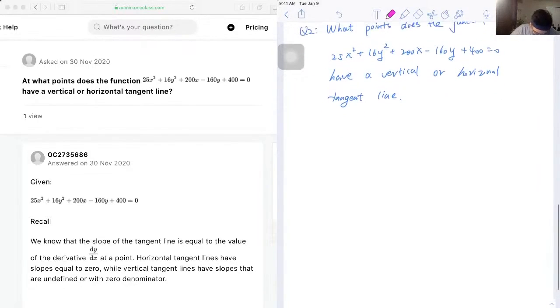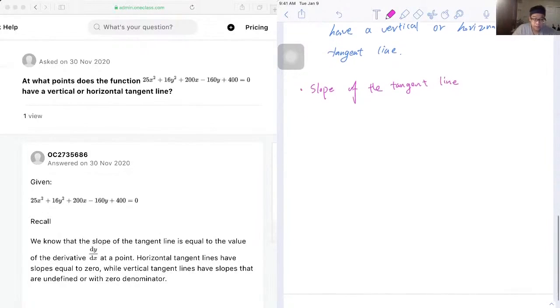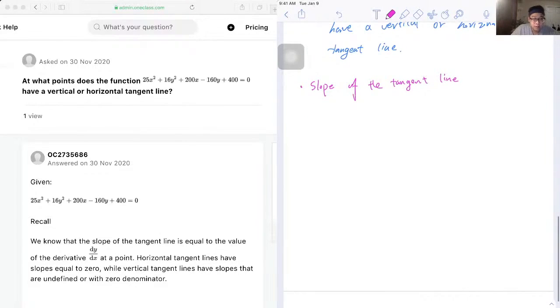So first thing we need to know is the slope of the tangent line. And the slope of the tangent line is equal to the value of the derivative at that point. Okay, so let's write that down.